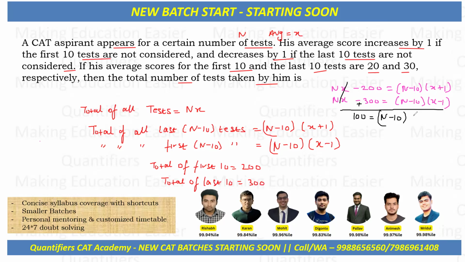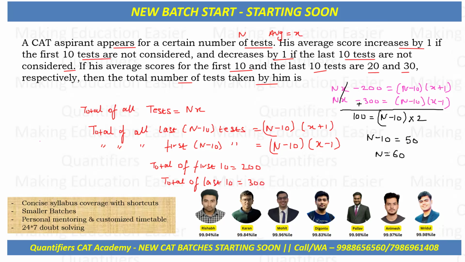Now x plus 1 minus of x minus 1 will eventually give us x gets cancelled, 1 plus 1, that is 2. So this will give us n minus 10 is equal to 50, and students n comes out to be 60. This is what we needed to find, the number of tests.